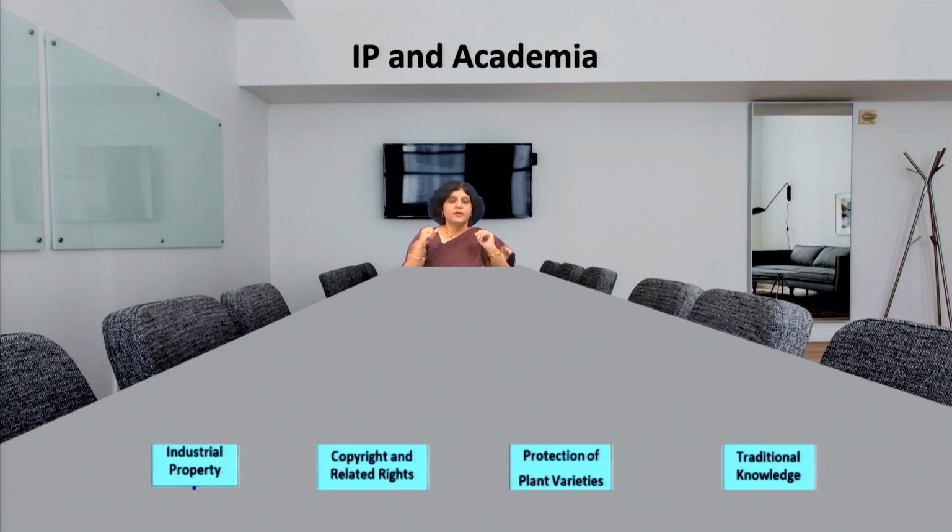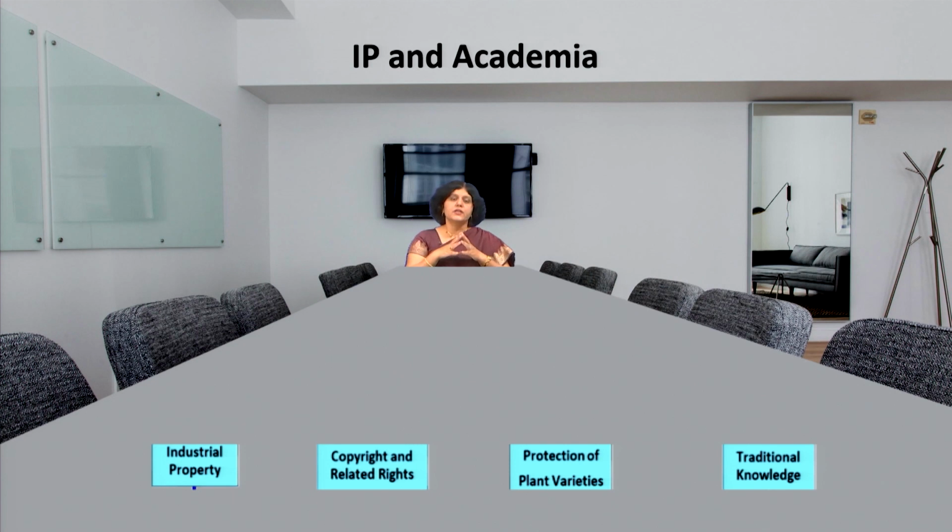Now let's move further and focus on the protection of plant varieties and farmers' right. This is very much focused on breeders' right, and then farmers' right, and whatever agriculture related development is there. Seeds, plants, vines.